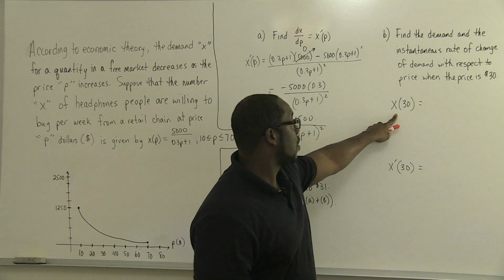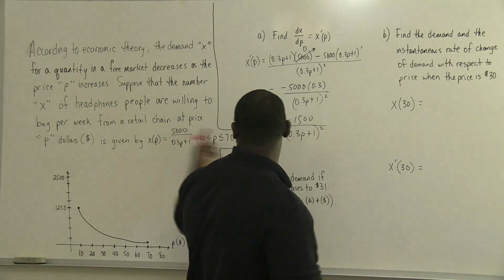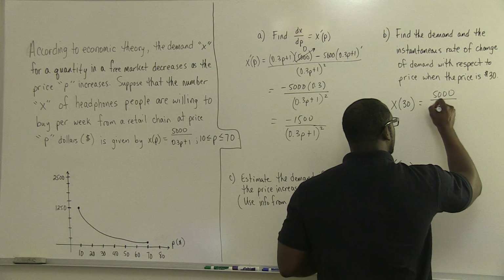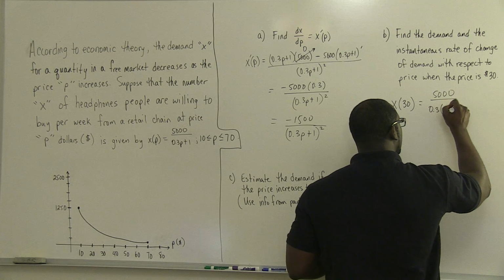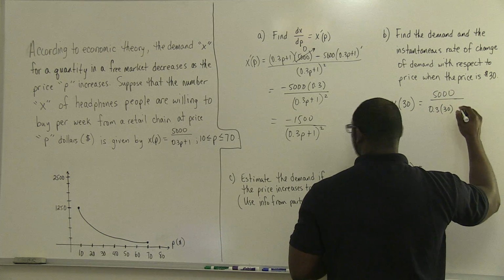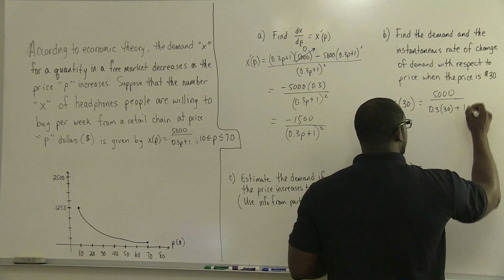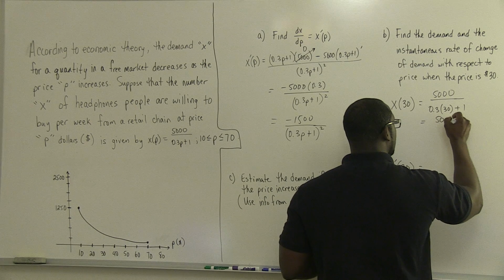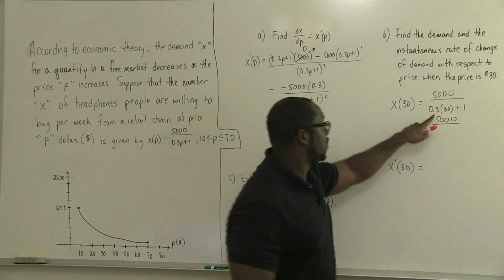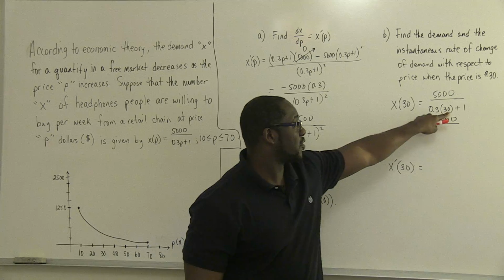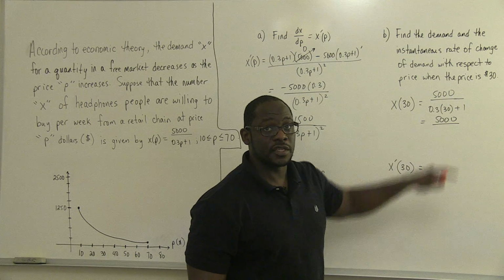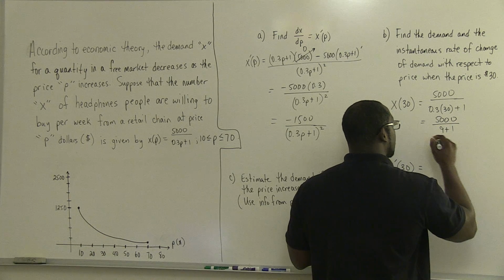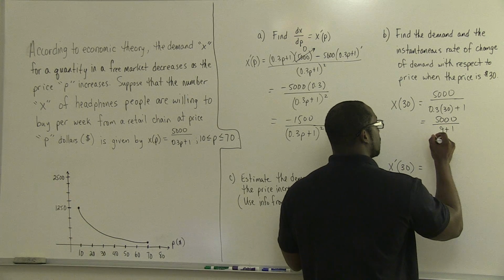For the first, all we have to do is plug 30 into our original function. We see here that 0.3 times 30 is just 9, and of course 9 plus 1 is 10.